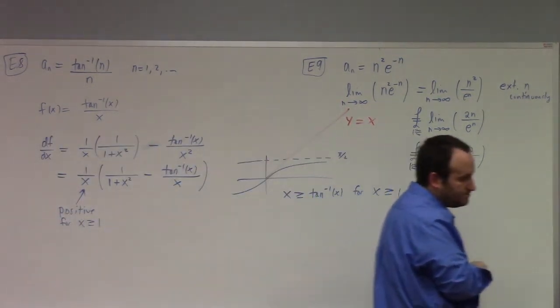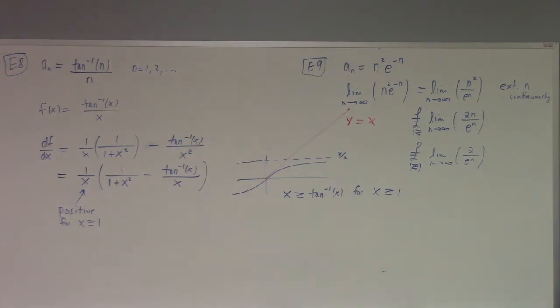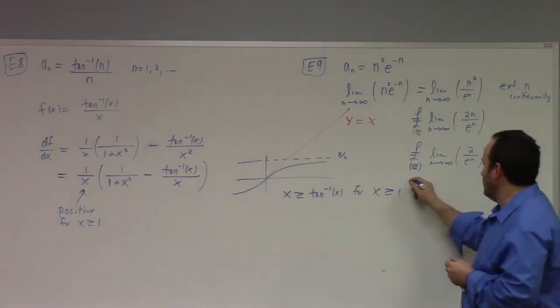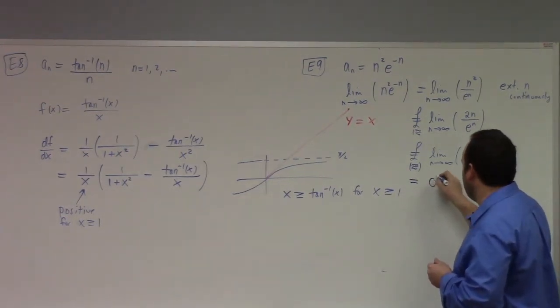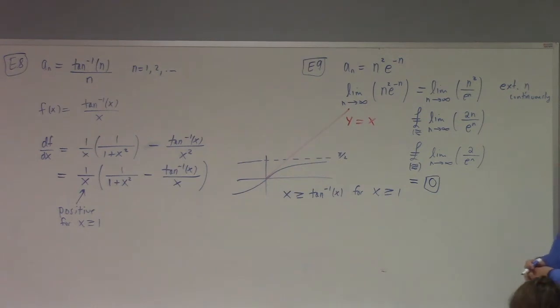So we get this limit converges to what? So this example actually worked out a little bit more nice. So I guess my question would be, is this sequence increasing, decreasing? What do you guys think?